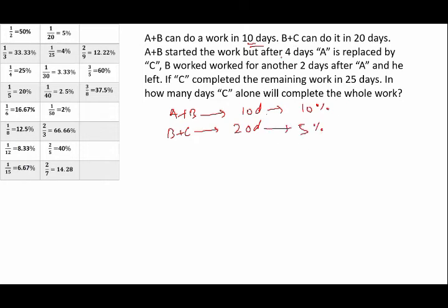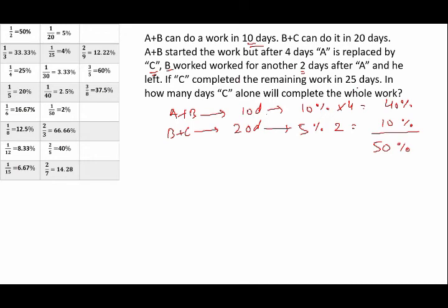We know that A and B worked for 4 days, which means they completed 40% of work, and A was replaced by C, which means B and C worked for 2 days, which tells that 10% of work was done by B and C. Together they completed 50% of the work.